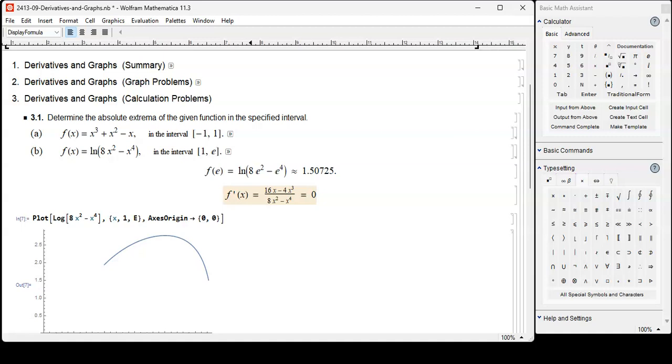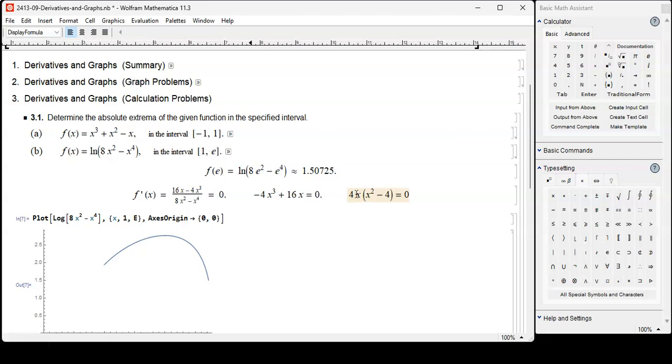If I set it equal to 0, that means the numerator is 0. Negative 4x to the third power plus 16x is equal to 0. Factor 4x out, and then x squared minus 4 is equal to 0.